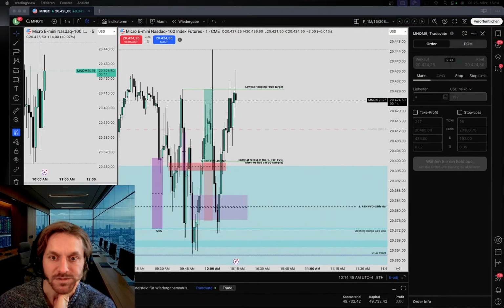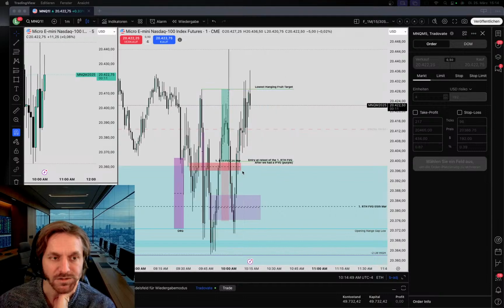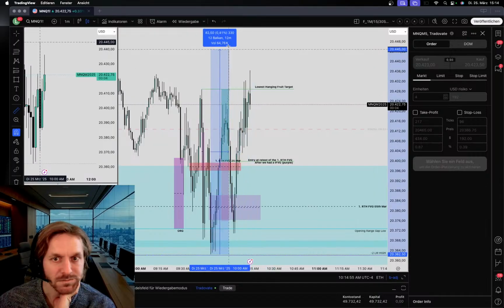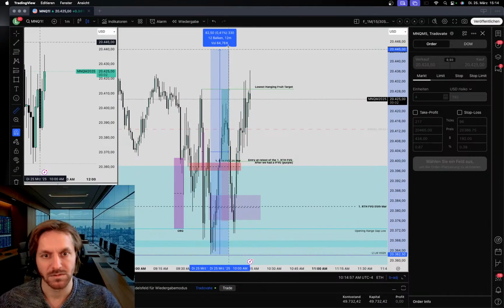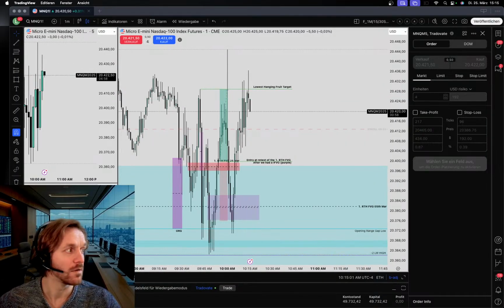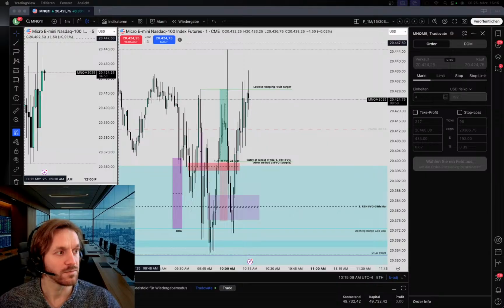Let me see how much this would be in terms of the daily range. So it's only 82 points from the opening itself. And if we go from the London low to the highest point, it's 154.5.